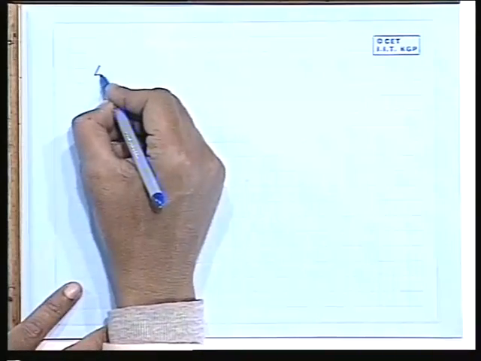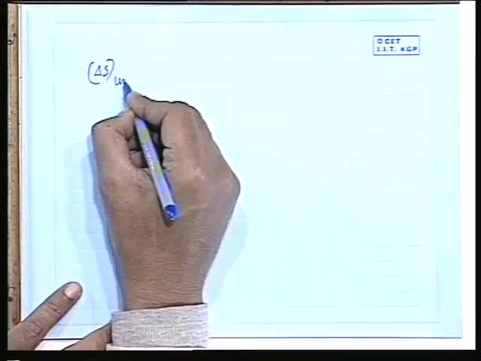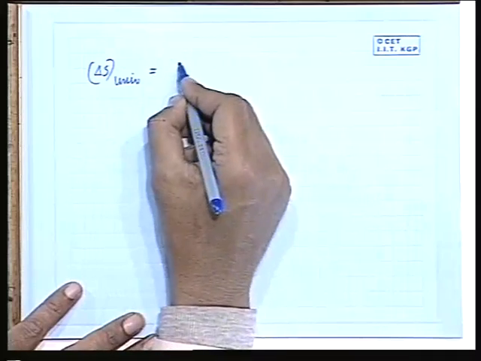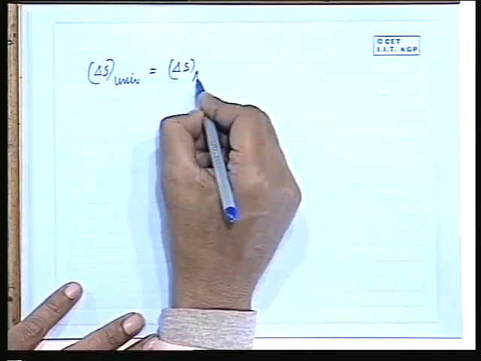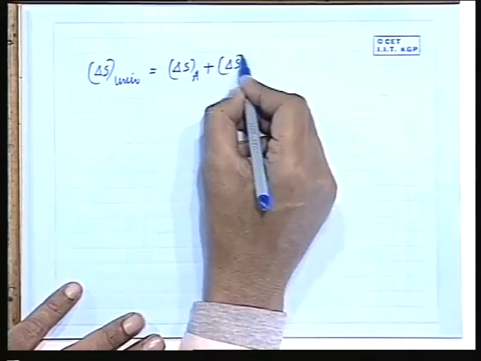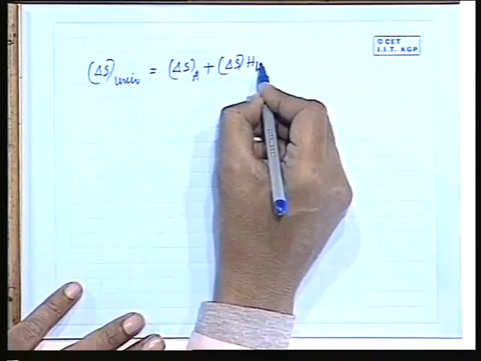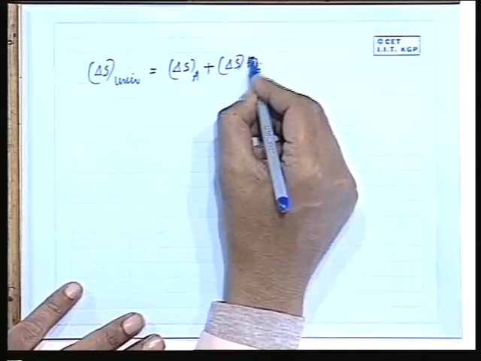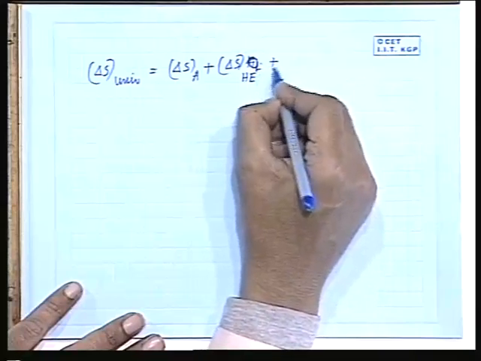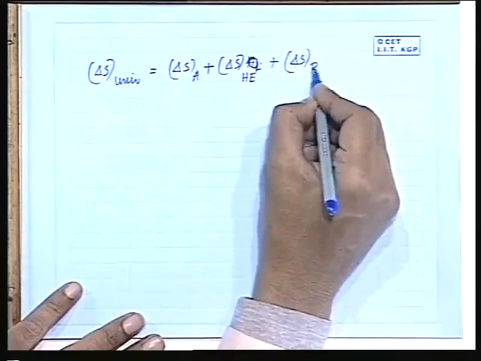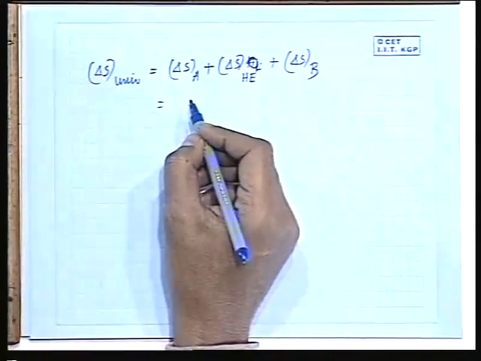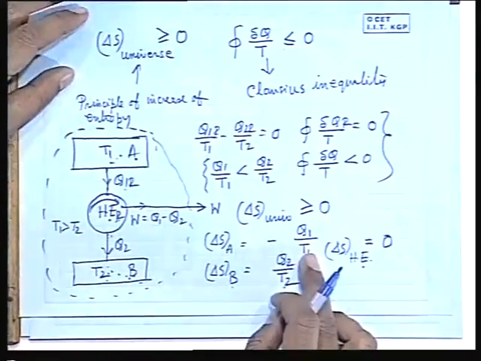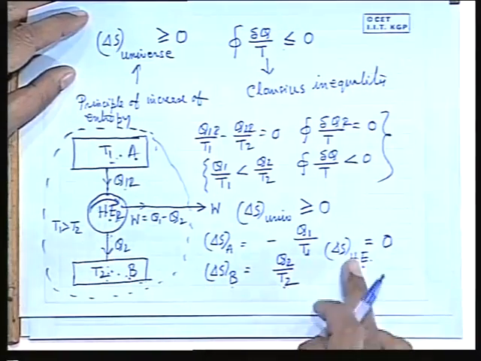So with this, what can we write? Therefore delta S universe is equal to delta S A plus delta S HE plus delta S B. Now delta S A is minus Q1 by T1, delta S B is plus Q2 by T2, and this is 0.